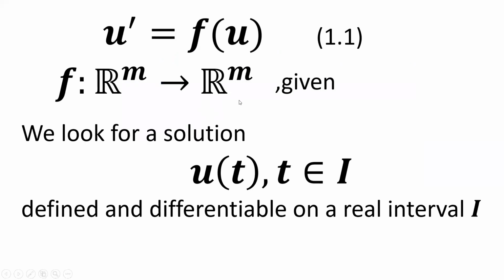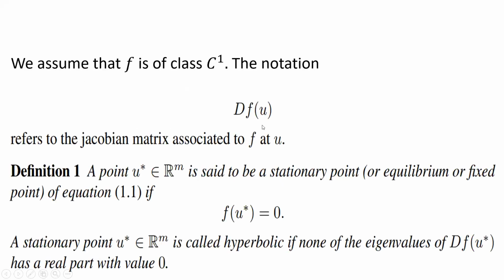So now we're coming back to the more general case. So f is not linear anymore. So here m equals 2, right? And so stationary points are important. And when f is nonlinear, more things can happen, right? So yeah, we have to first look at the stationary points of our ordinary differential equation.